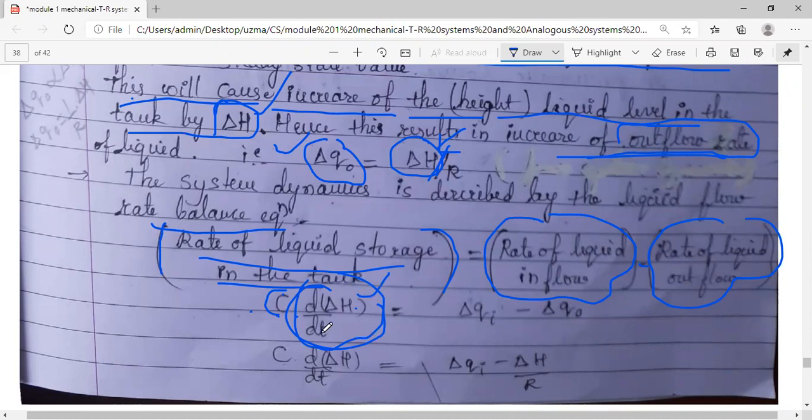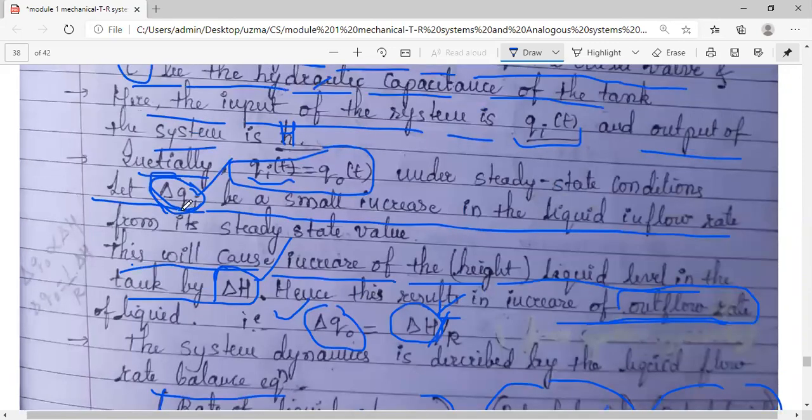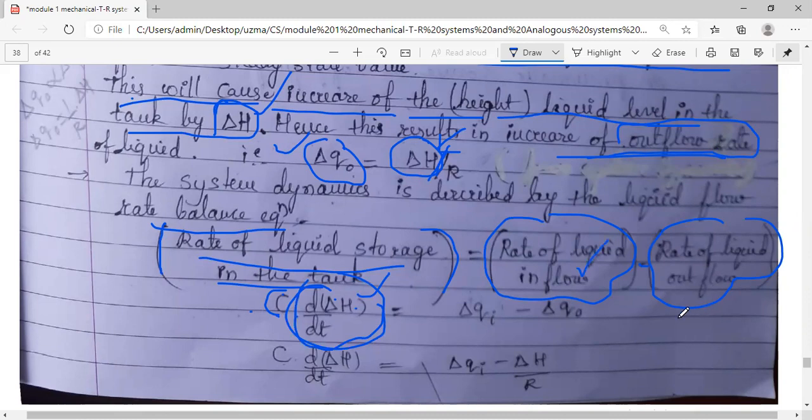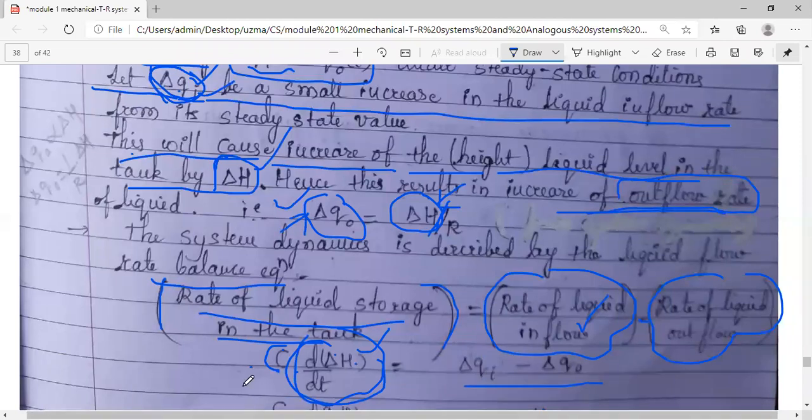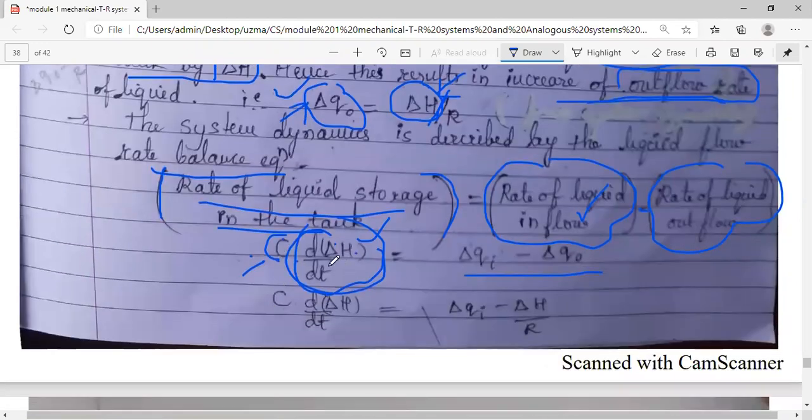C d by dt of delta H is equal to inflow, which we considered as delta Qi, the increase in the inflow, and outflow is delta Q naught. If you take the difference, you will get how much liquid is actually stored in the tank: C d by dt of delta H. Why is it delta H? Because your height is varying. In case of capacitance, you take dV by dt because your potential varies there.